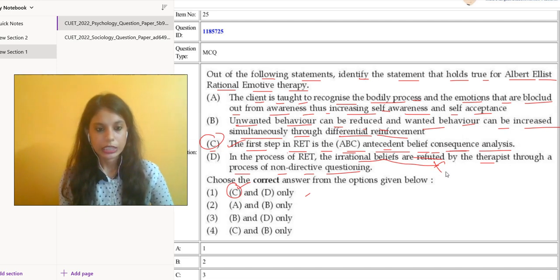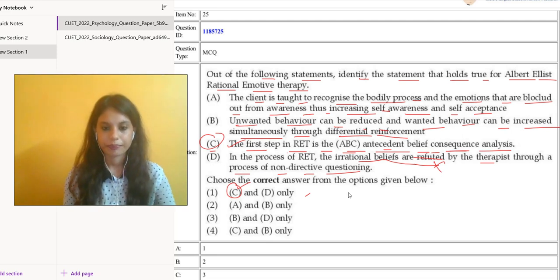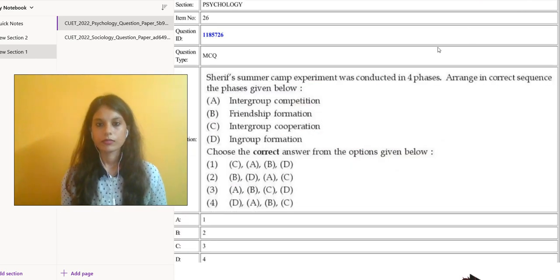RET involves identifying irrational beliefs and challenging them to promote more rational thinking and emotional responses. And this often begins with analyzing the beliefs that lead to certain emotional consequences. Moving over to the next question now.